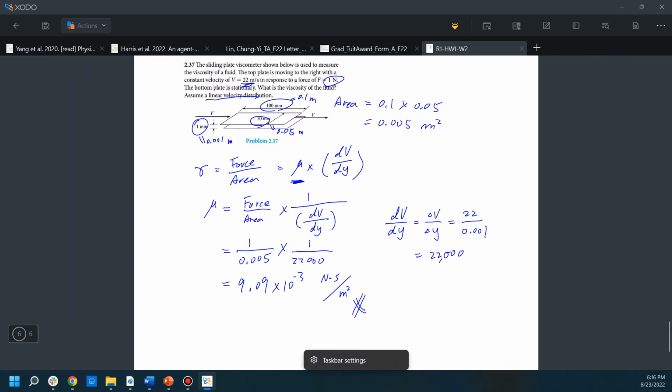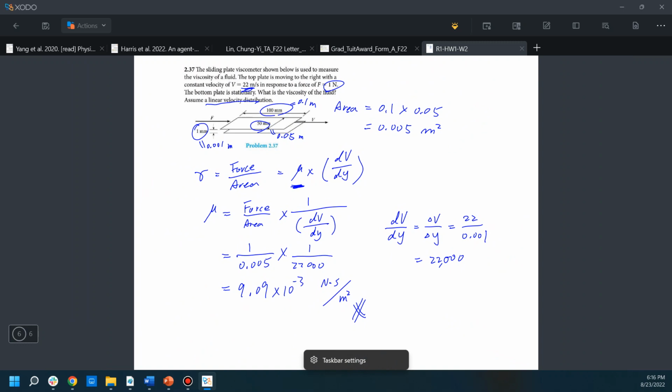So just a quick overview for this last problem that we have. The equation that you need to know in order to solve for this viscosity is the relationship between two different equations for the shear stress. The basic definition for the shear stress is the force divided by the area, and we also know it is equal to the viscosity times the dV over dY.